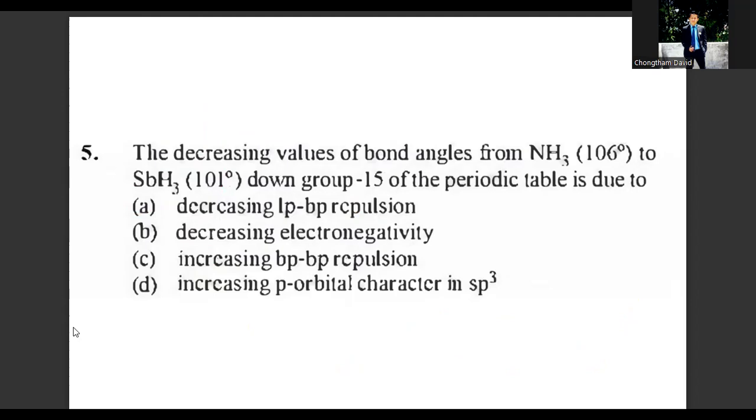Let us see question number 5. The decreasing values of bond angles from ammonia to stibine down group 15 of the periodic table is due to what? The bond angle decreases on moving down the group. It is mainly due to the decrease in the bond pair repulsion. You know, ammonia has a bond angle of 107 degrees.